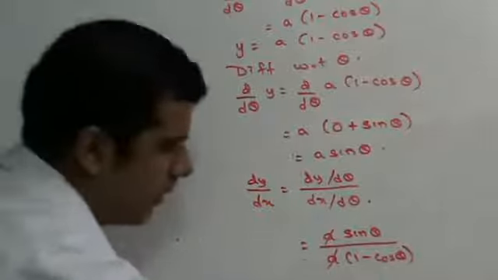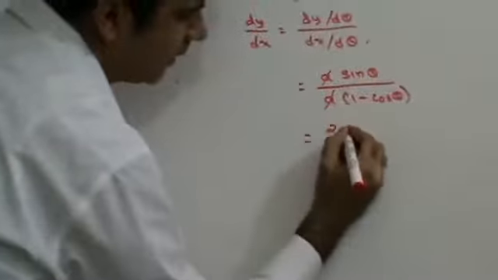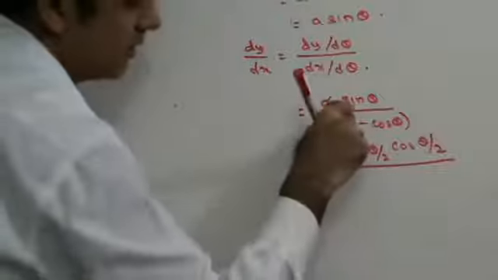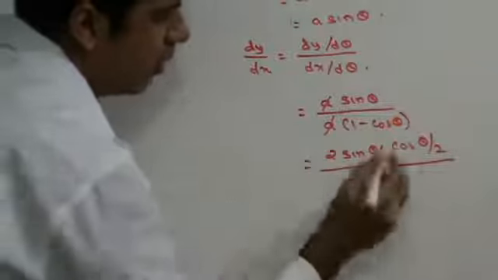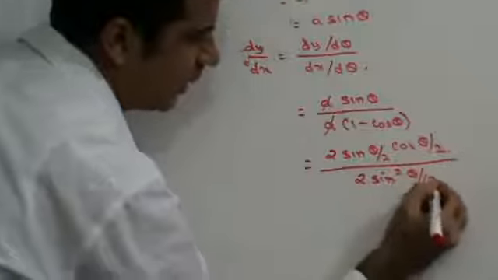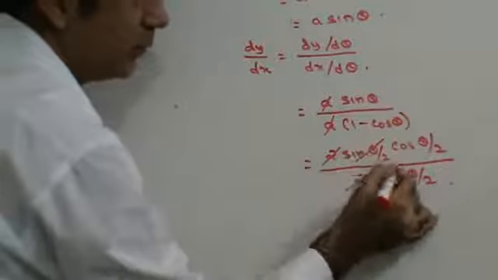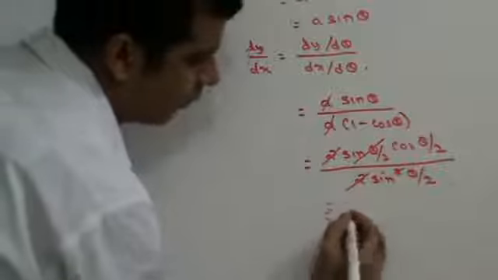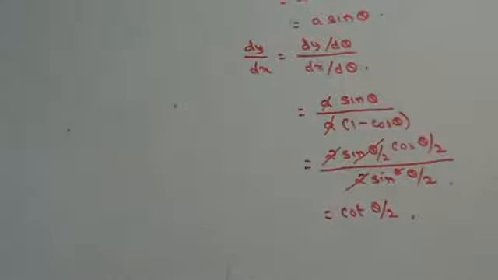Use the sum multiple formula here: sin theta is 2 sin theta by 2 cos theta by 2. 1 minus cos theta is 2 sin square theta by 2. So 2 and 2 get cancelled, sin theta by 2 and the square get cancelled. Cos upon sin is nothing but cot theta by 2. The answer is going to be cot theta by 2.